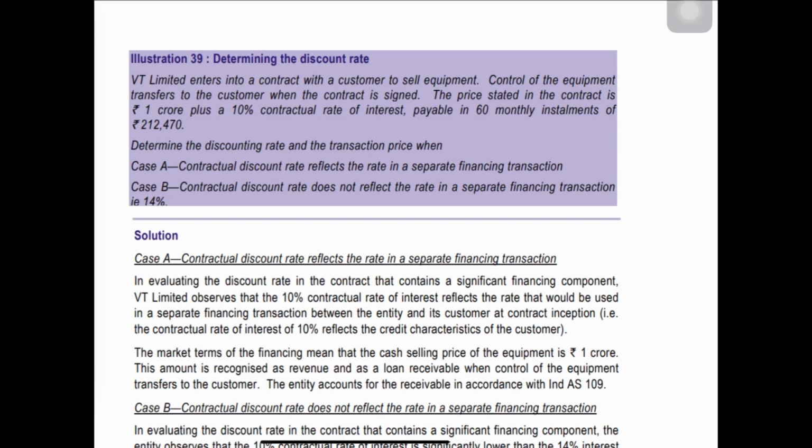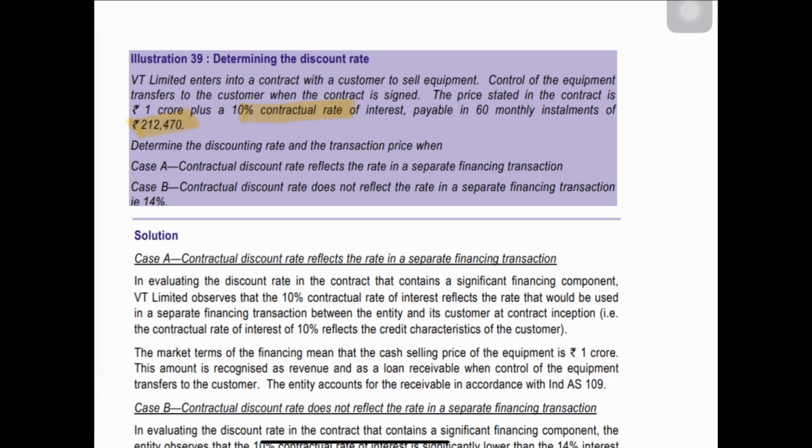So here VT Limited enters into a contract with the customer to sell an equipment. Control of the equipment transfers to the customer when the contract is signed. The price stated in the contract is 1 crore plus 10% contractual rate of interest payable in 60 monthly installments of rupees 212,470.